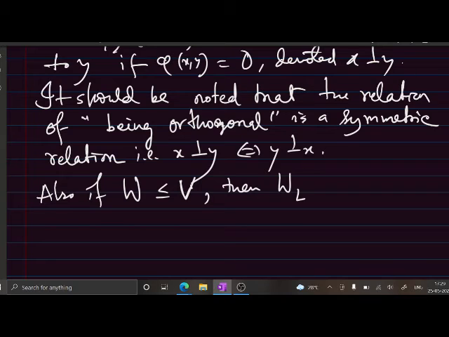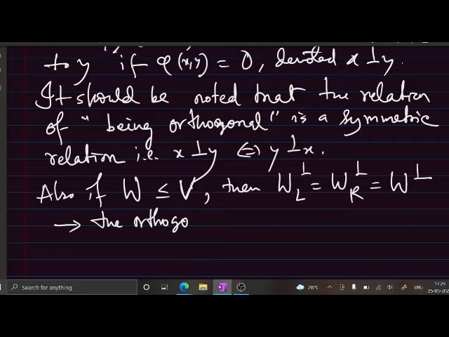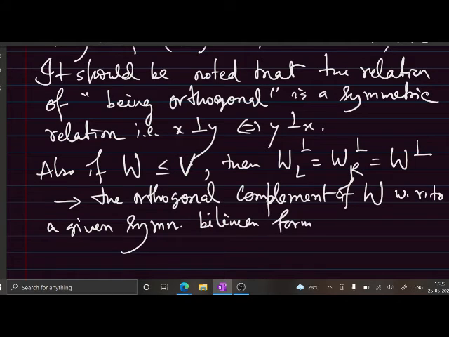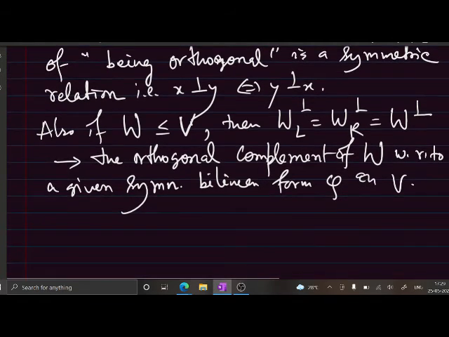So WL perp and WR perp are both the same, and you can denote it by W perp, which is defined to be the orthogonal complement of W with respect to a given symmetric bilinear form phi defined on V.